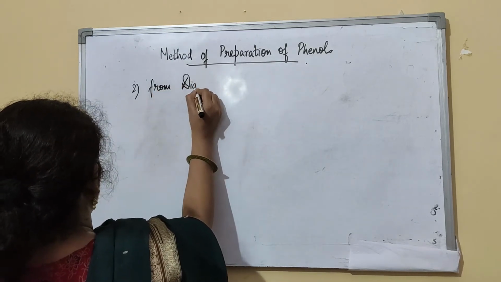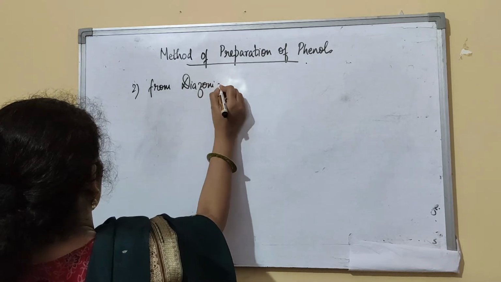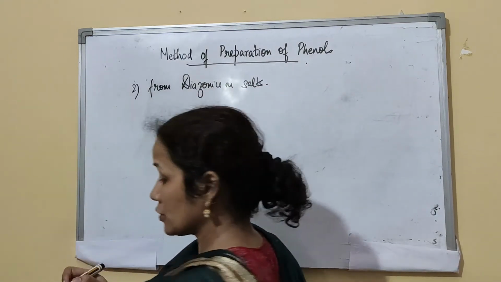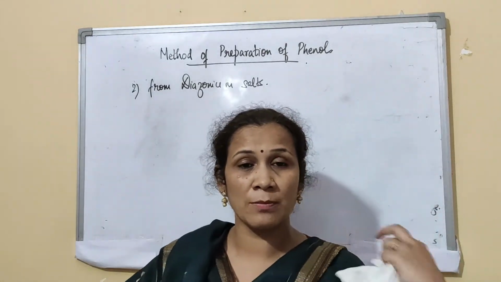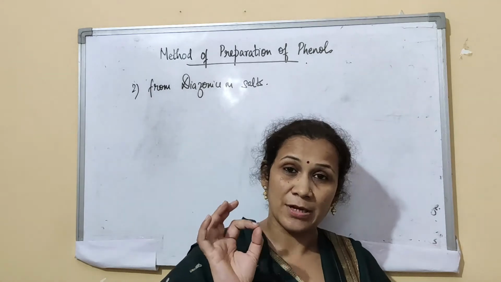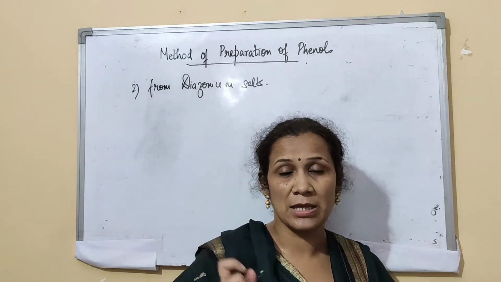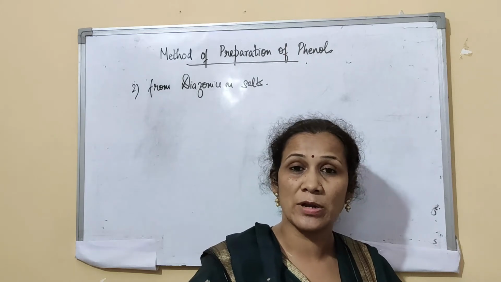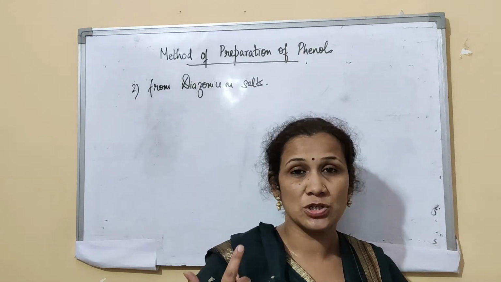So diazonium salts, if you remember, how we made diazonium salts. So this was a very important reaction. If you remember how to make benzene diazonium salts, we discussed in the haloalkane chapter. How we did it, that reaction was very important and it was known as diazotization reaction.